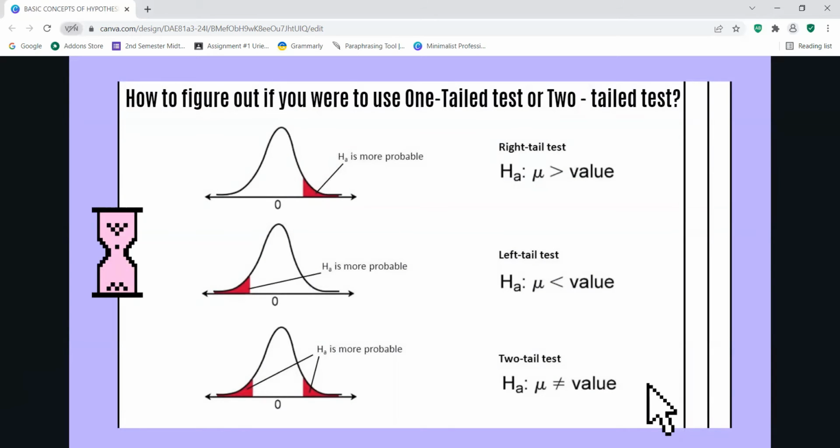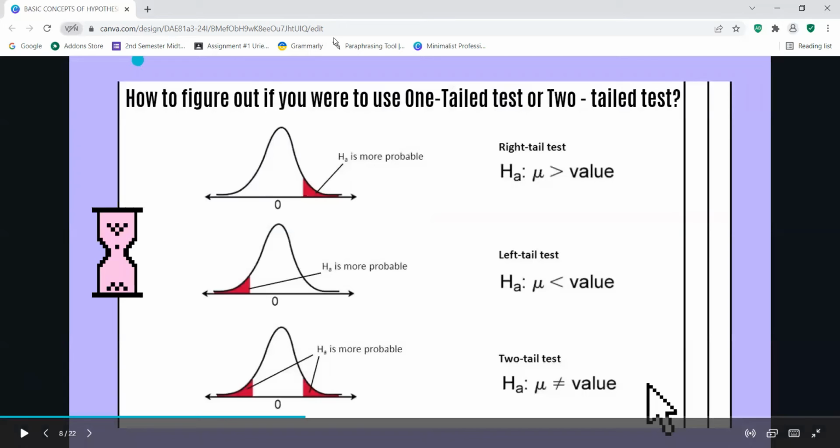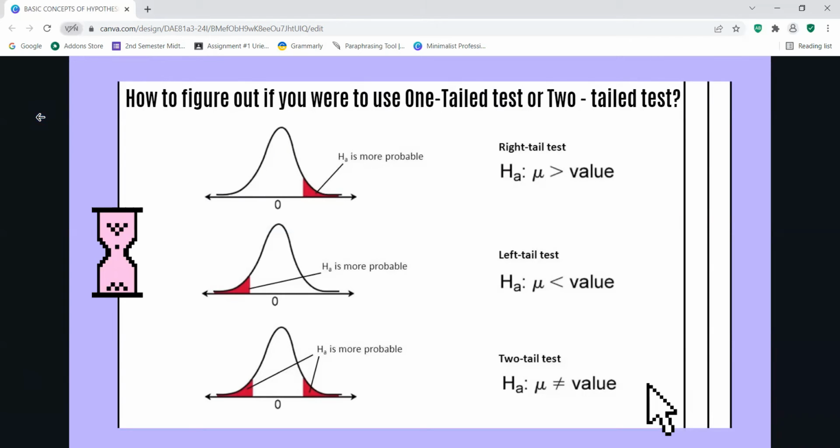So how can we figure out if we are to use a one-tail test or two-tail test? For the right tail test, if the alternative hypothesis is positive, higher than the null hypothesis, we are going to use the right tail test.